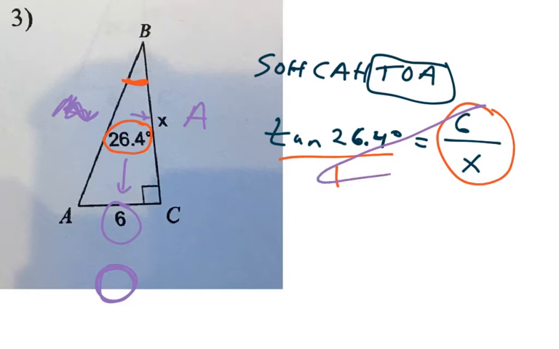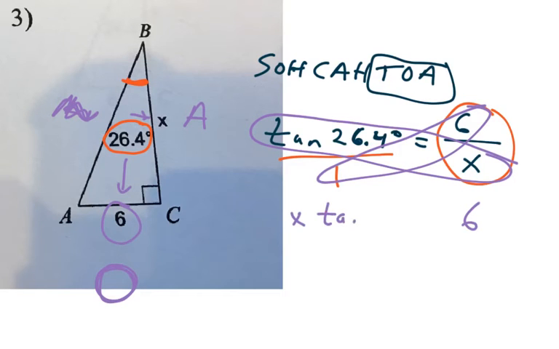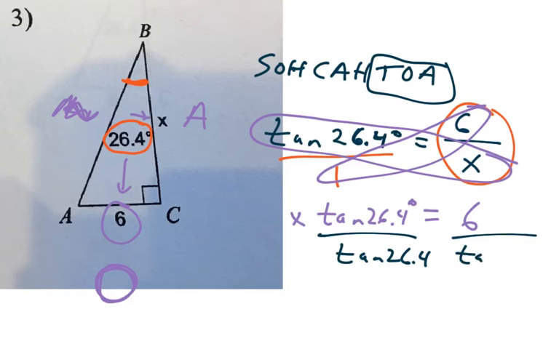And if we cross multiply this way, of course, we get 6. We cross multiply that way, we get X times tangent of the 26.4. And if that equals 6, we're going to divide by tangent of 26.4, right? We're going to divide by tangent 26.4, and we'll have our answer X.